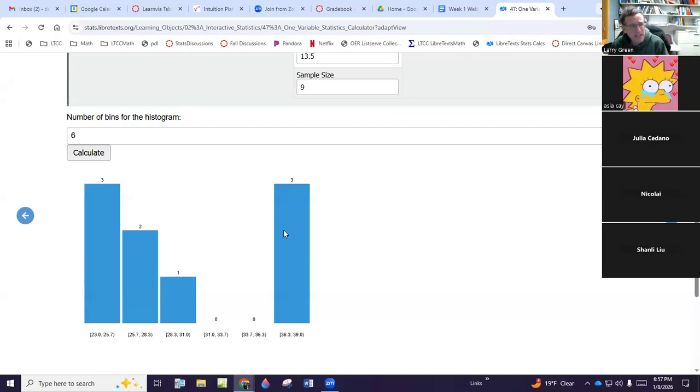Okay, then the other thing that could happen, which isn't this case, is it could be skewed left. Skewed left means that it's unimodal, but the left-hand side is the low part, and the right-hand side is the high bar.